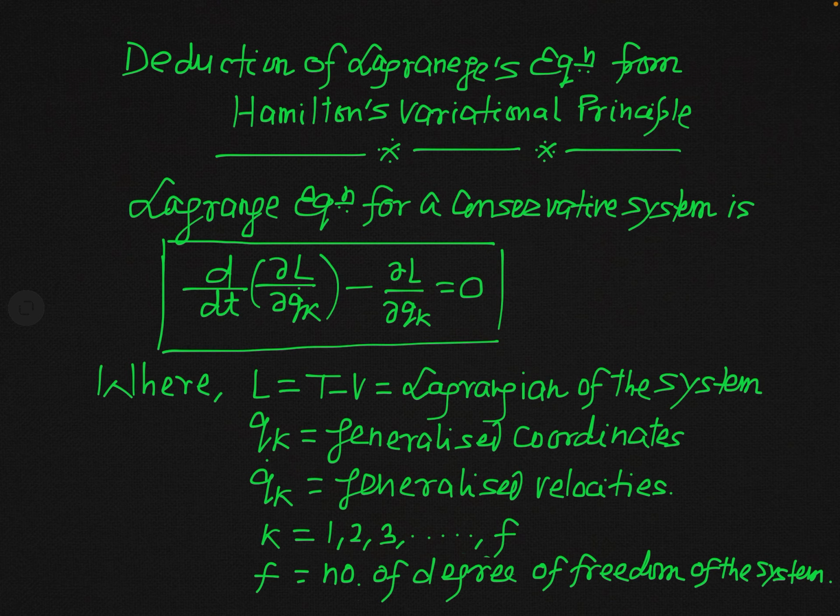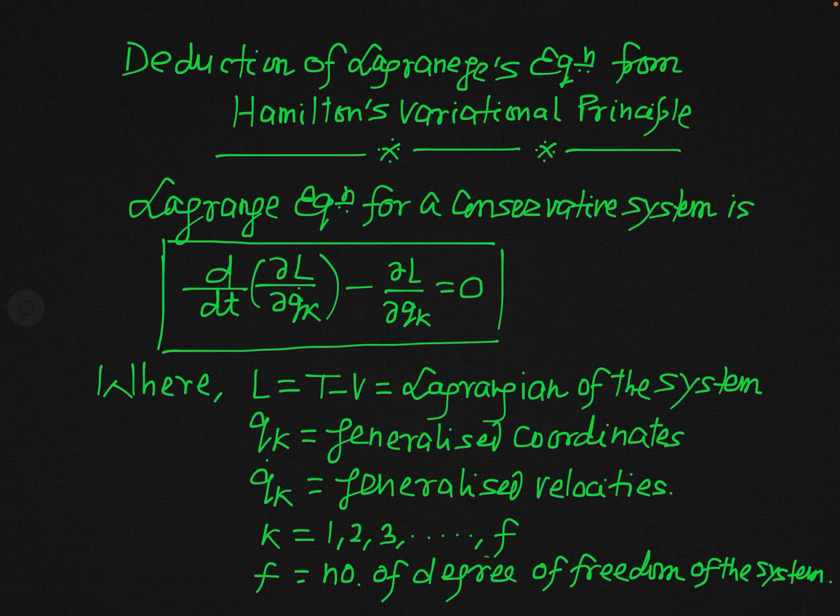So you have knowledge of this Lagrange equation because you have already studied it in previous lectures, and particularly this Lagrange equation is for a conservative system. Now we have studied Hamilton's variational principle, which is applicable for holonomic conservative systems.